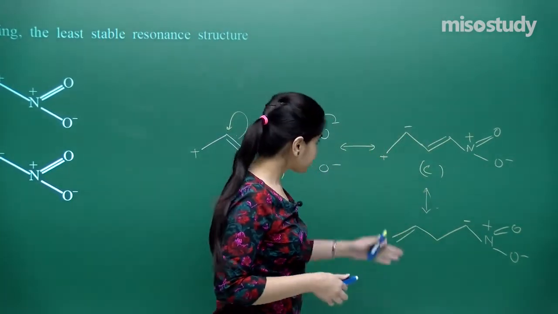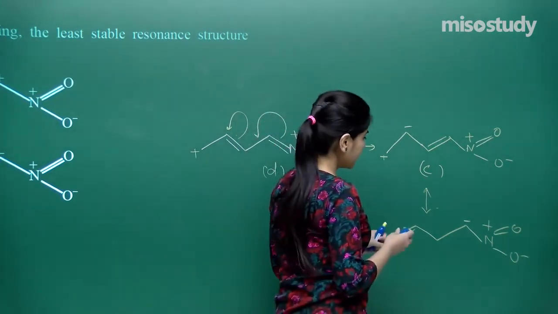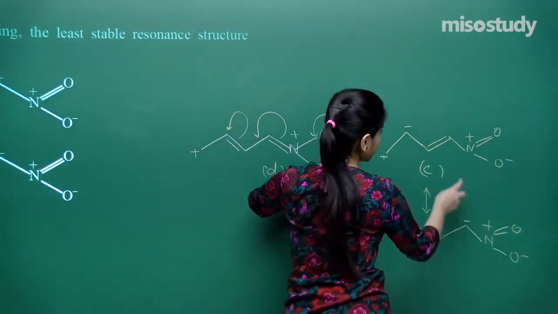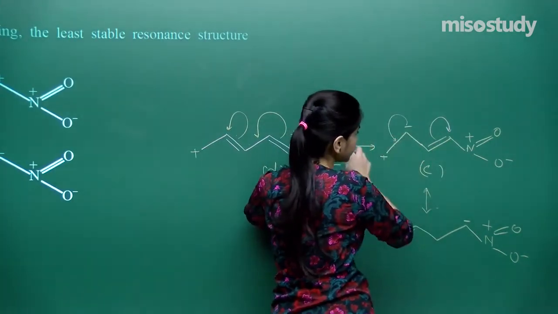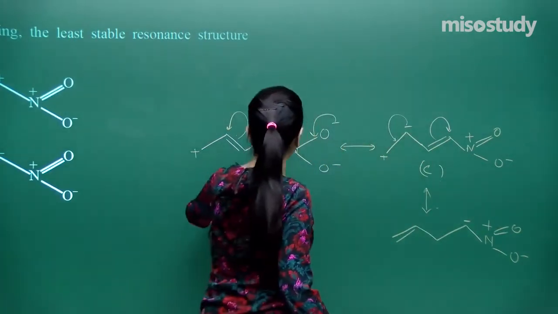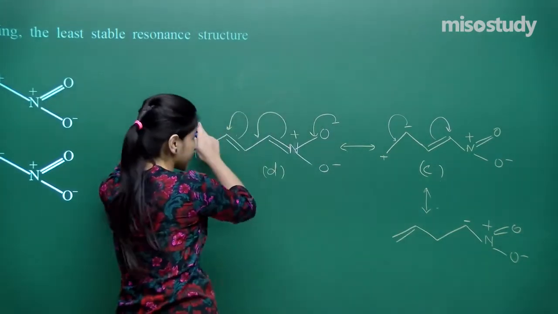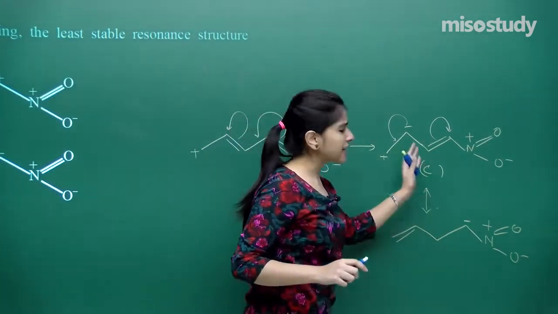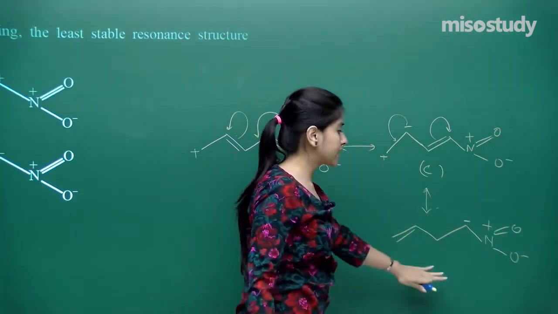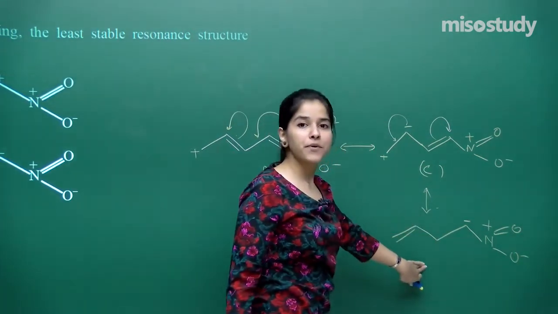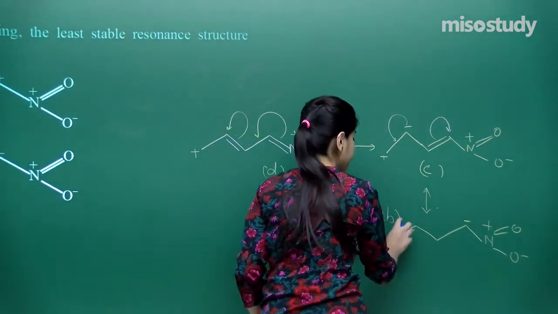Can I make it? Definitely yes. If I shift these electrons over here, and again shift these electrons onto here, it would have been shifted here itself. That means it is another kind of an intermediate step. That is how we get the option number B here.